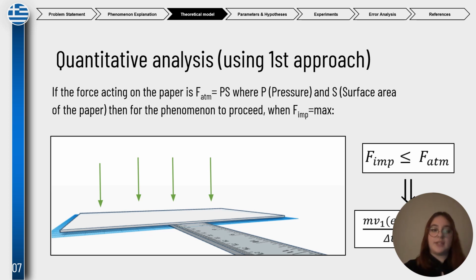About the quantitative analysis, if the force acting on the paper is F_atm, which means atmosphere, and is equal to PS, where P is pressure and S is the surface area of the paper, then for the phenomenon to proceed, when F_impact is maximum, we need F_impact to be less than or equal to F_atm.